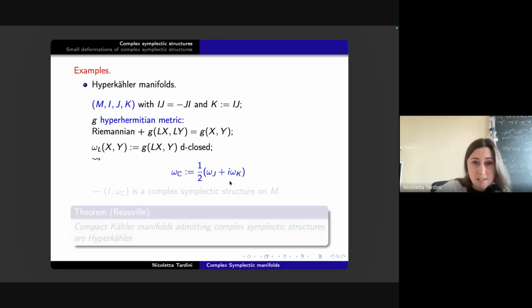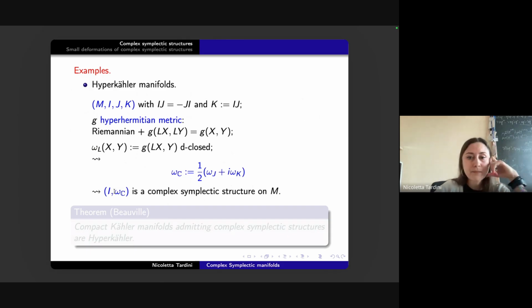It is of course a two-form because it's the sum of two forms, but it is of bidegree (2,0) with respect to the complex structure I. It is clearly closed because they are closed, and it is non-degenerate. So this omega_C is in fact a complex symplectic structure.